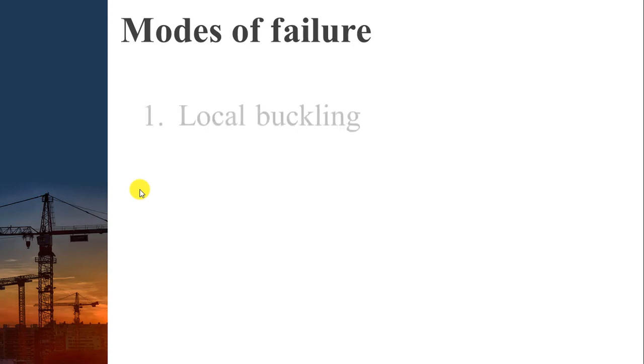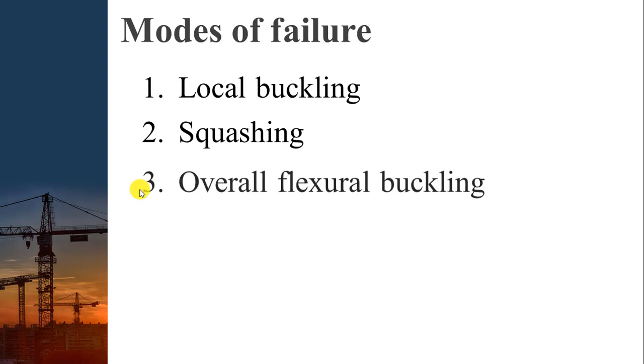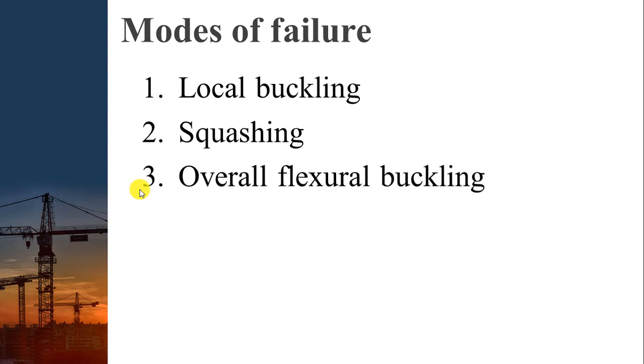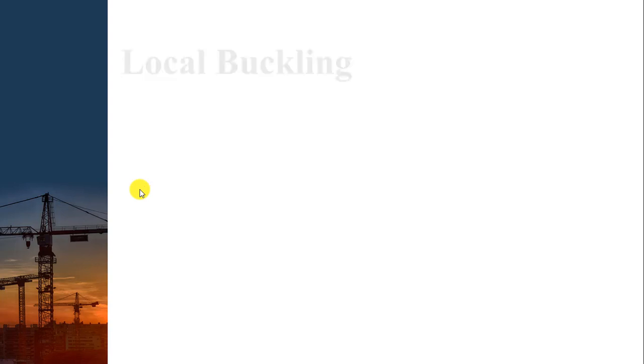Let us see one by one. The very first one is local buckling, next there is squashing, then overall flexural buckling, and torsional and flexural torsional buckling. So let us go one by one through these different modes of failure.